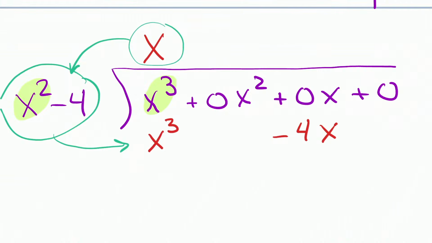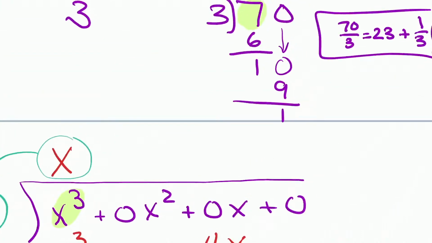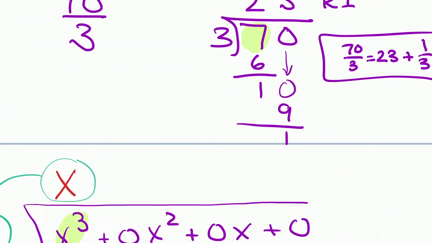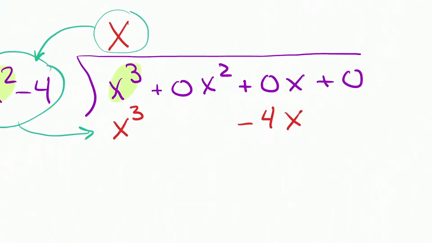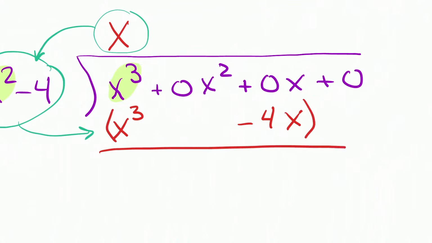And so there's what I get. And then, just like I did up here, I subtract. Here it was 7 minus 6 equals 1. Now I'll do that whole polynomial minus the red polynomial. So let's just go ahead and do this. It's hard to do because there are going to be double negatives like this.